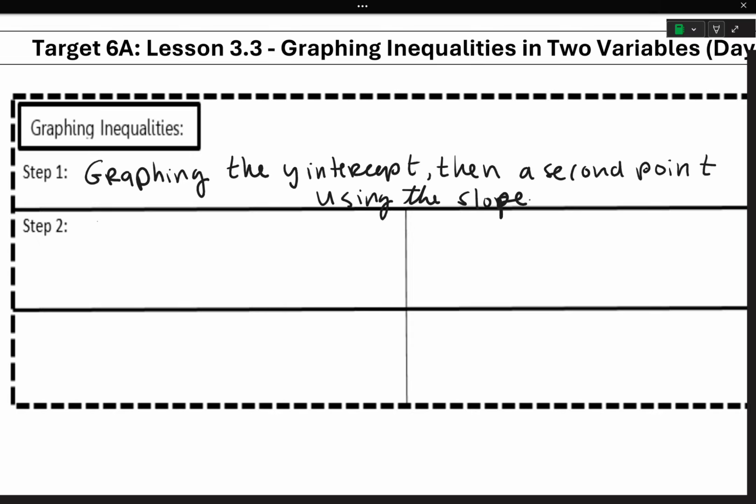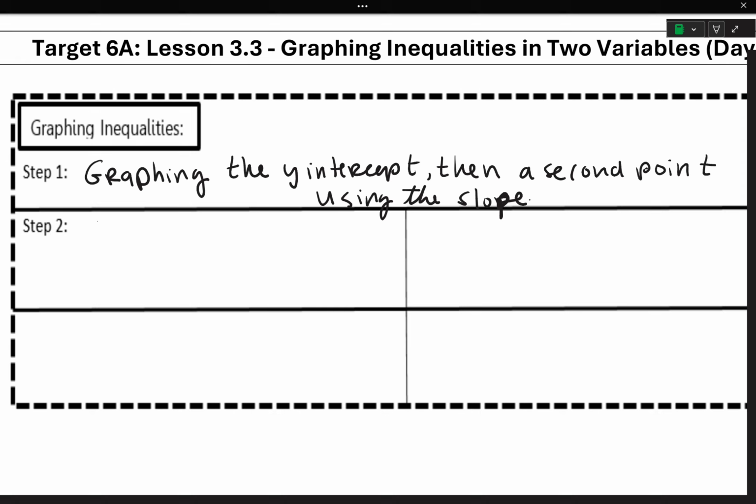Alright, so the laws of geometry state that in order to have a line, we need 2 points. So there we have it. We have the y-intercept, then we follow the slope up and to the right or down and to the right for a second point.